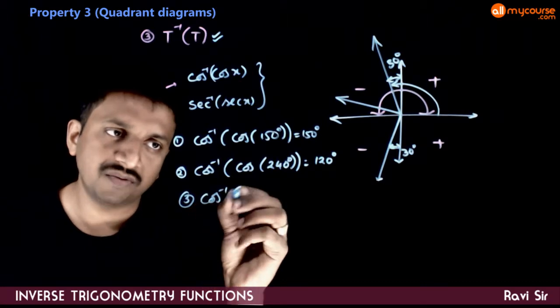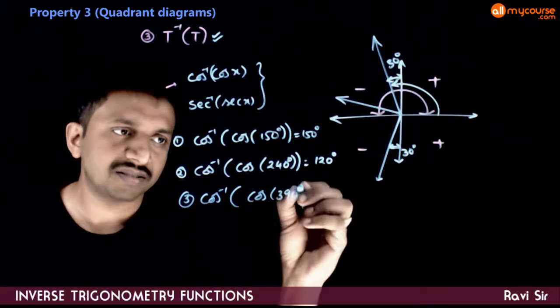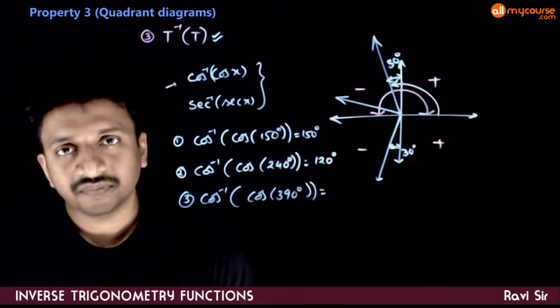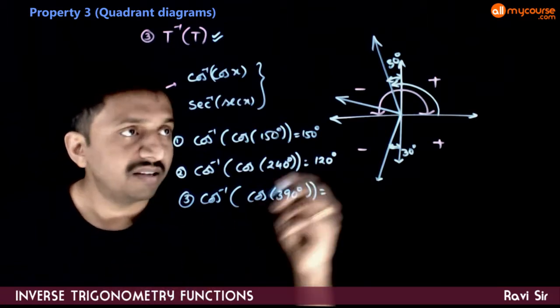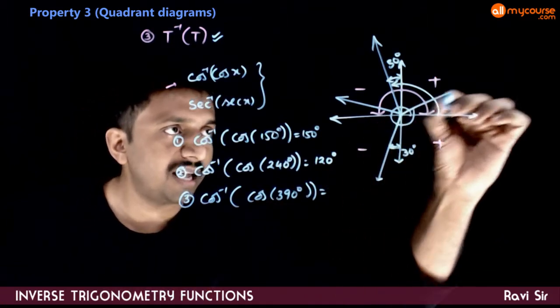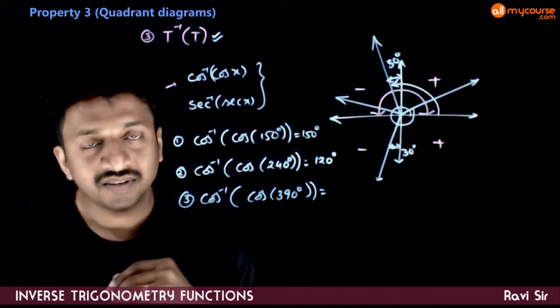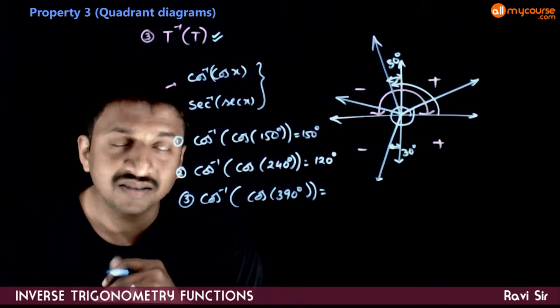What is cos inverse of cos 390 degrees? So plot 390 degrees, the corresponding ray. So 360 plus 30. The ray looks something like this. So this is the ray corresponding to 390 degrees.